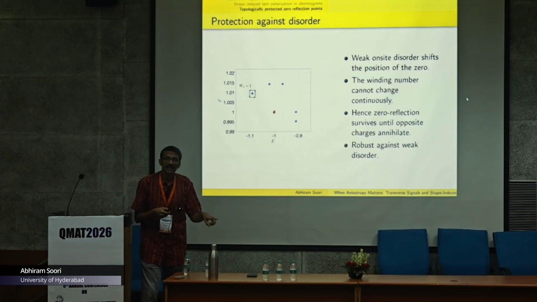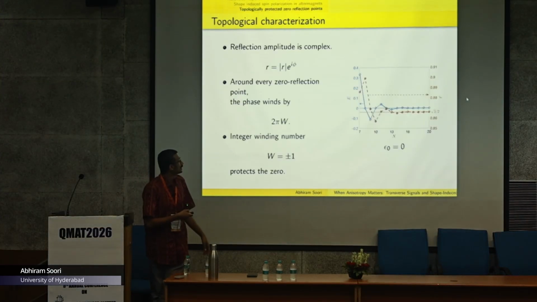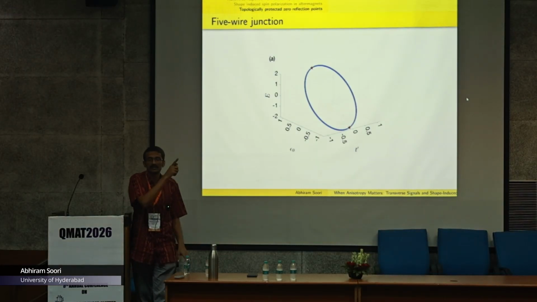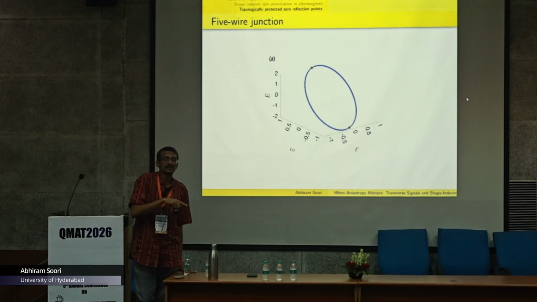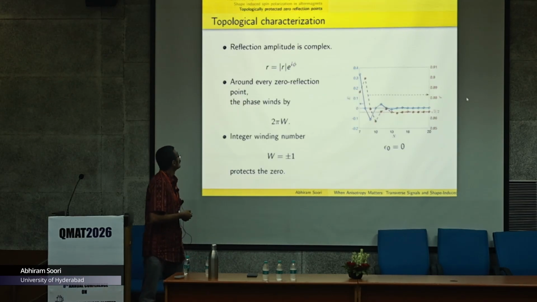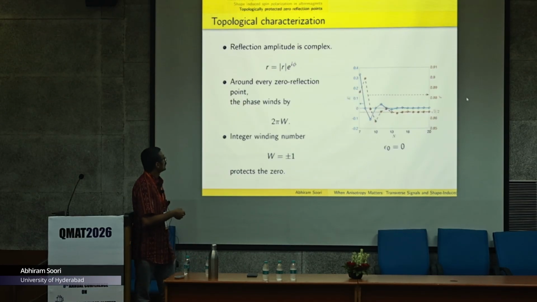Because it winds by 2 pi, that's the topological protection for the zero reflection points. Any zero reflection point, you take this loop, it has a winding number of plus or minus 1, which guarantees that there is a zero reflection point within that loop. So that's the topological protection.